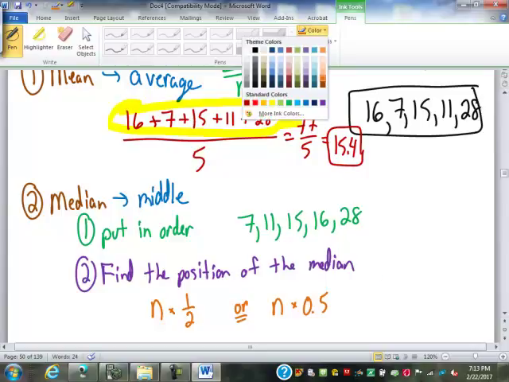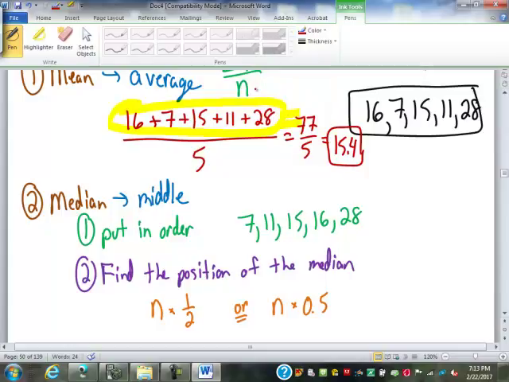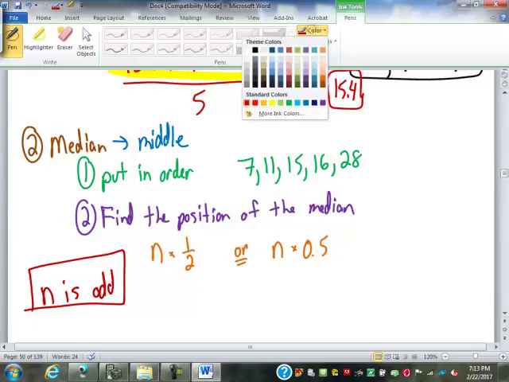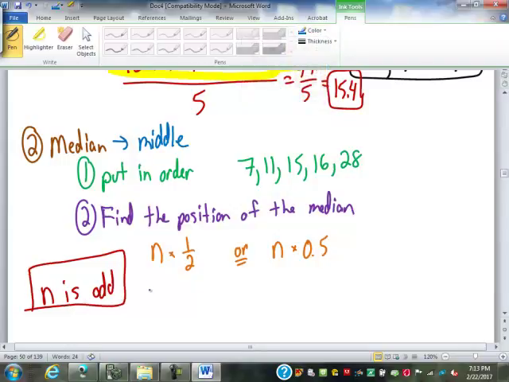There are two possibilities. N is odd, which is the case we have right here. So for this one, n equals 5. The position is found by doing 5 times 1/2, or 0.5, which is going to give us 2.5.